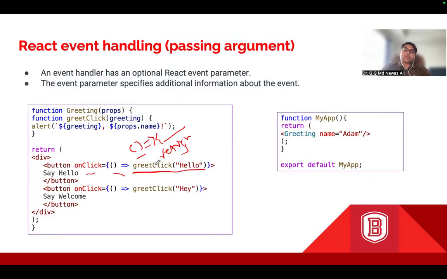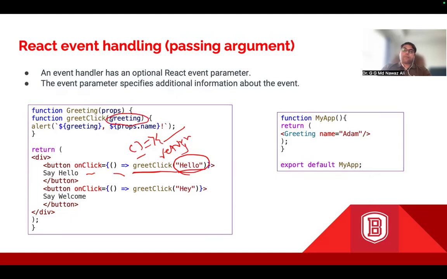So it's basically just a return when it is executing. We say that when the onClick event happens, you execute this function. So we pass hello, and this hello will go as a function argument.